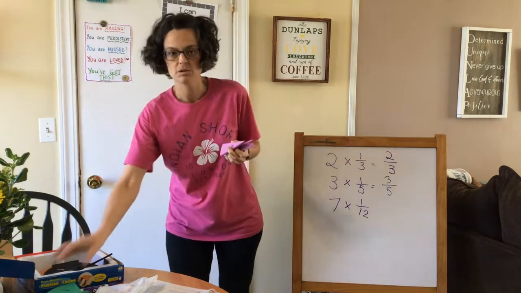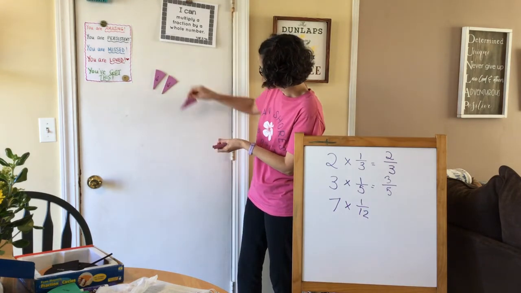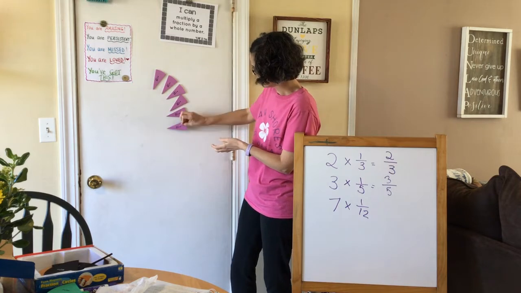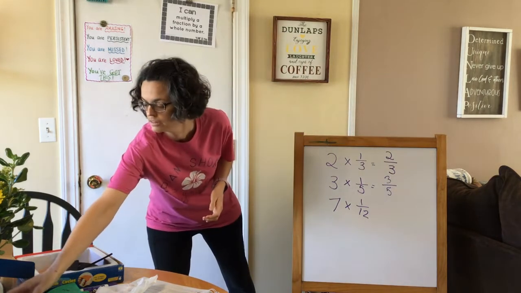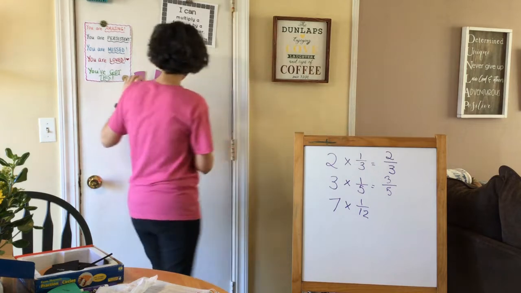Are you ready? Count them with me. Here we go. 1, 2, 3, 4, 5, 6, 7. Here are my 7 groups of 1/12.